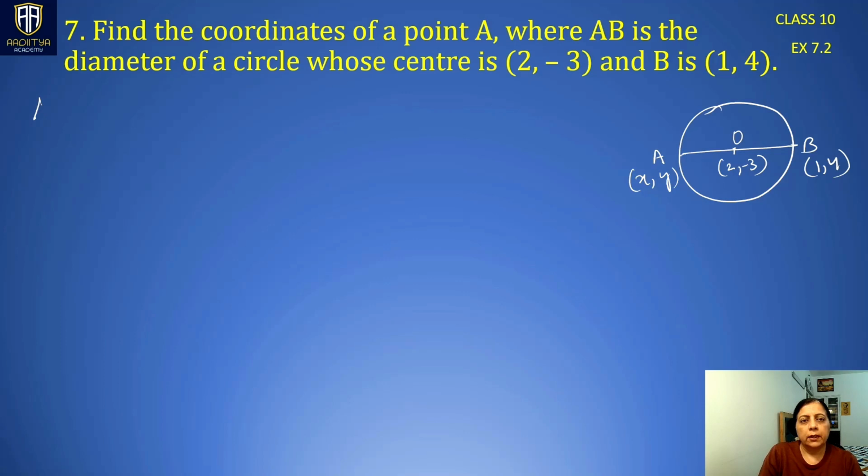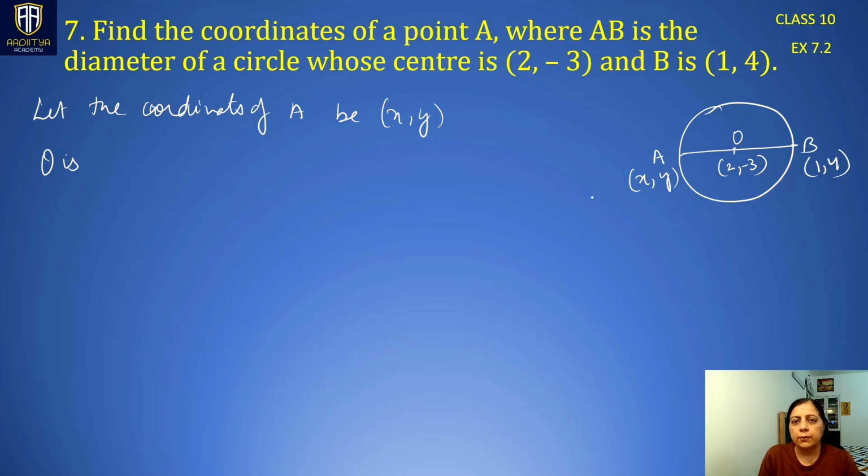So we can assume that the coordinates of A be x, y. And we know that, since AB is the diameter, the center O becomes the midpoint of AB.